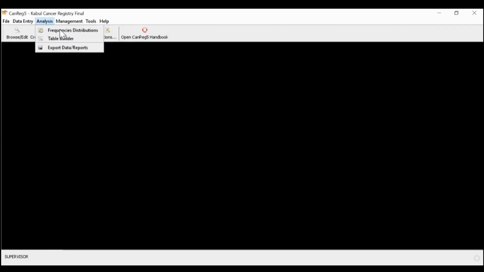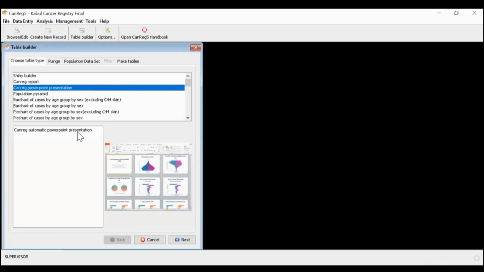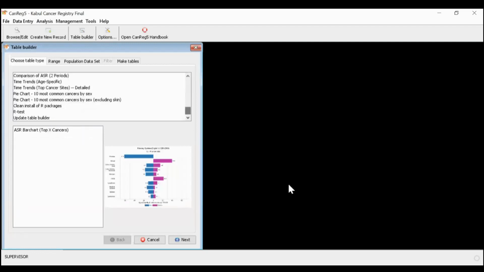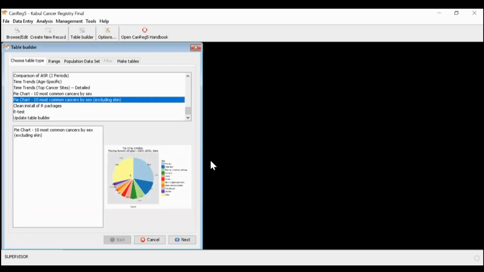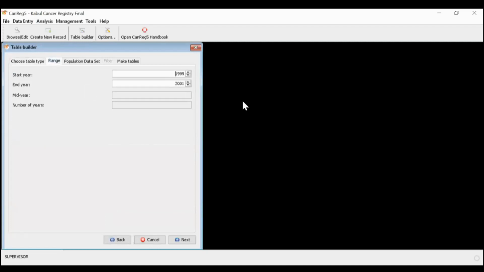Okay. After this, we go to the analyze option, and table builder option here. After the table builder option, we have found it here. I think it's the last one. Here is the product, and after this, we should write the start year here and end year here. Right.